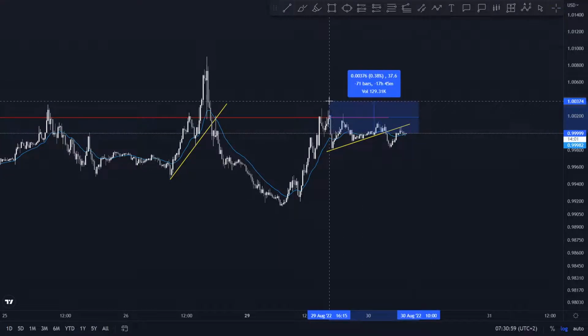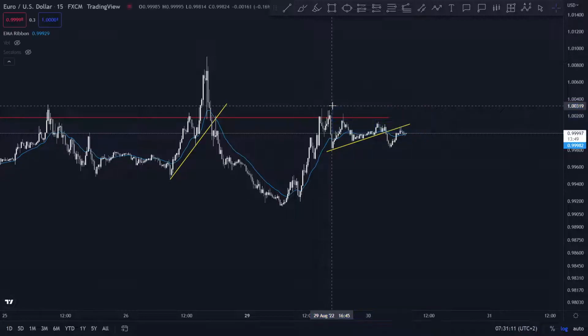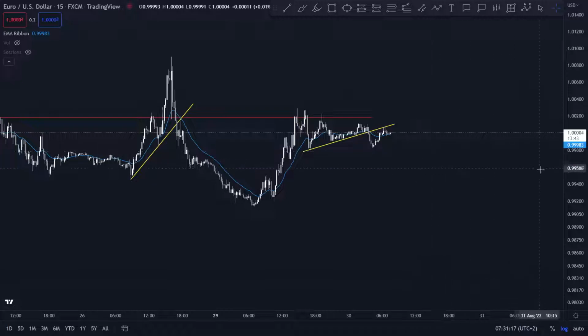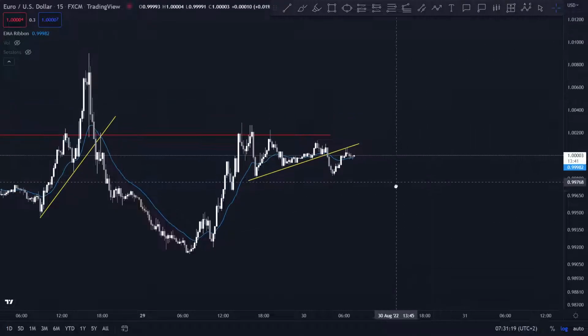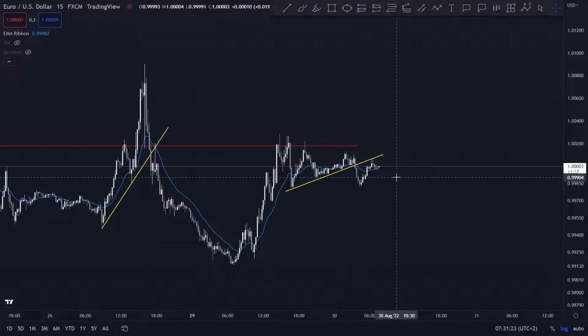with my stop loss somewhere up here. This is going to be a very wide stop.